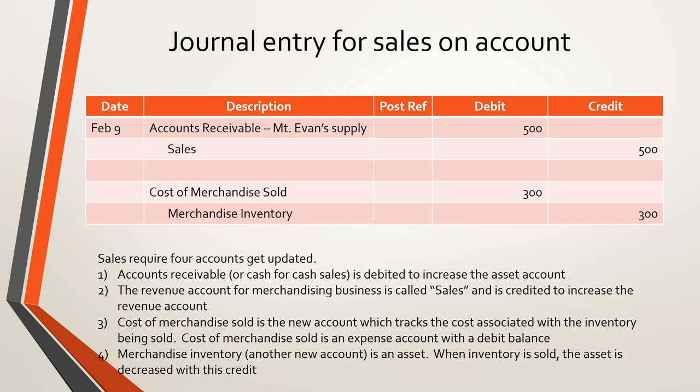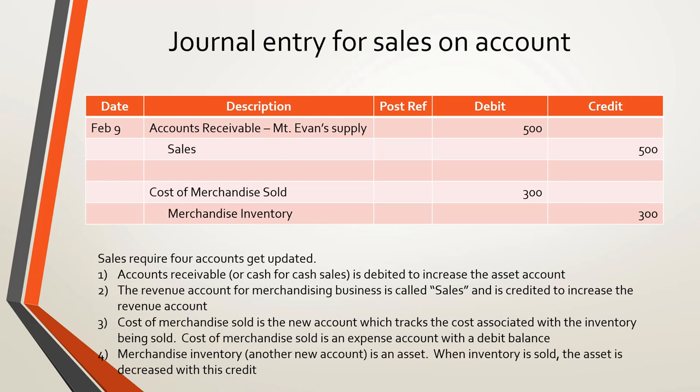So recording those sales requires some new journal entries now. So when we sell inventory, we see an example here of a journal entry, and in this case, we're going to sell something to a company called Mount Evans Supply, and we're going to charge them $500. We're selling it to them on account.